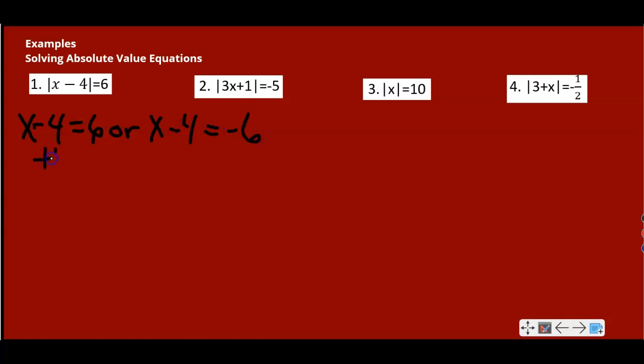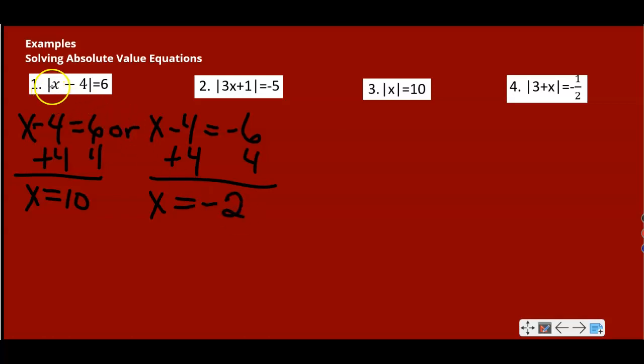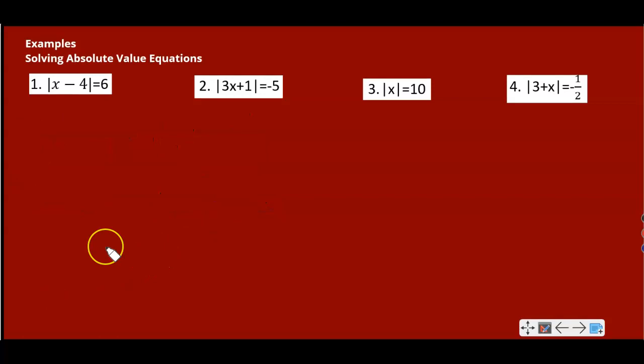So I'm going to add 4, X equals 10, and I'm going to add 4, X equals negative 2. You can plug these in quickly and check. 10 minus 4 is 6. The absolute value of 6 equals 6, so that works. Negative 2 minus 4 is negative 6. The absolute value of negative 6 is 6. So that one works as well.